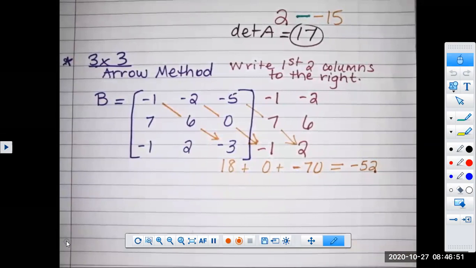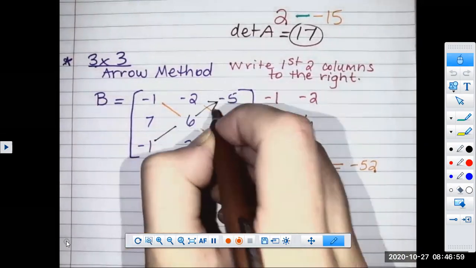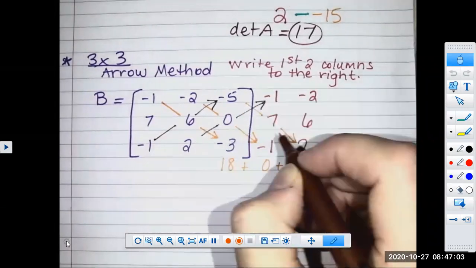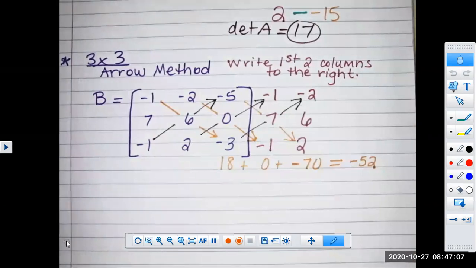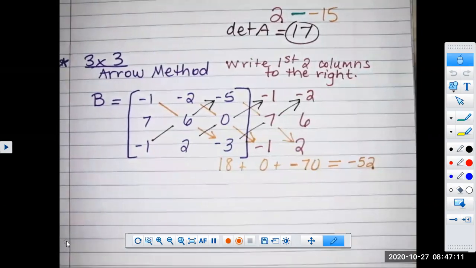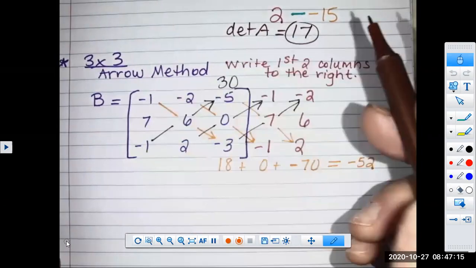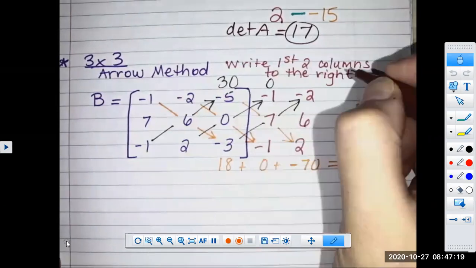And then I have to go the other direction as well. So similar to a 2 by 2, I start at the bottom left and multiply all the way through 3 times to get to the top right number. You get 30, 0, multiplying all those, and you get positive 42.